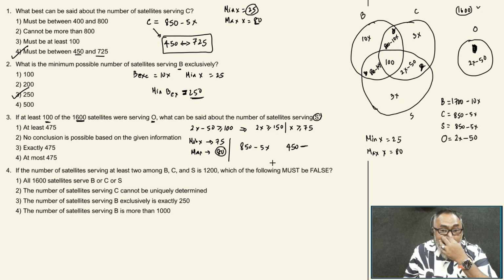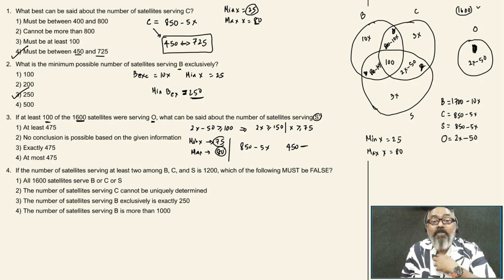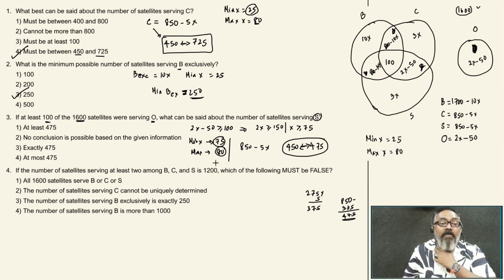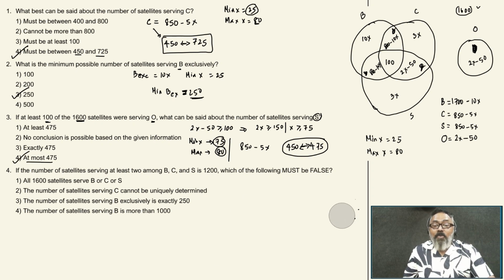But for the maximum, now we have to plug in the value 75. 75 times 5 is 375. 850 minus 375 will be 475. Okay, the maximum value will be 475. The range will be from 450 to 475. Therefore, at most 475 would be the answer to the question. Okay, great, wonderful. So let's look at the next one.